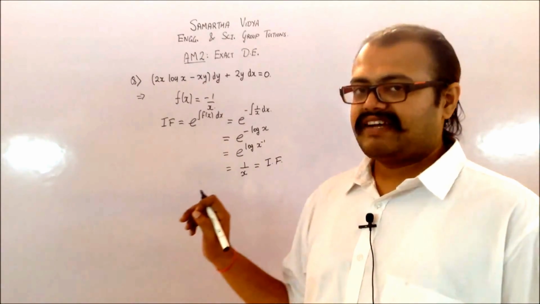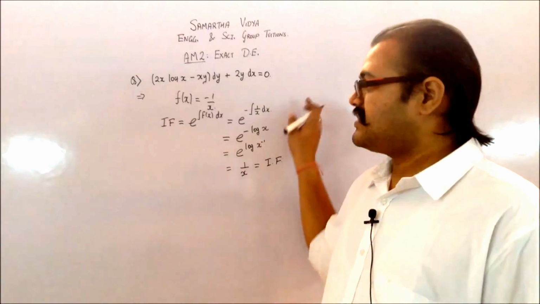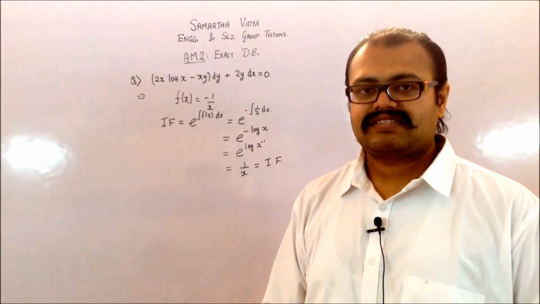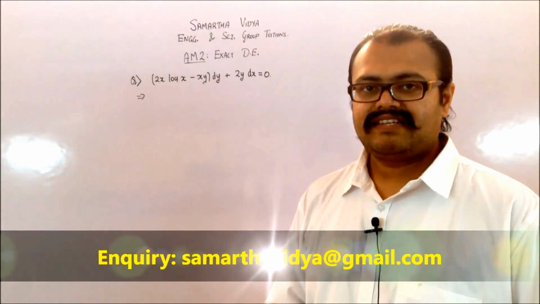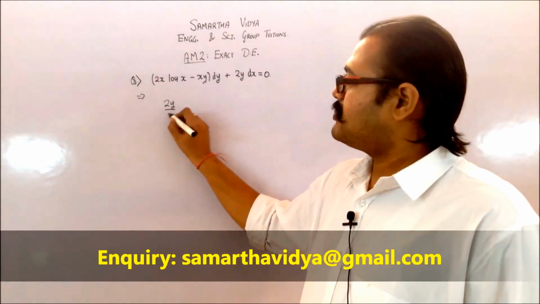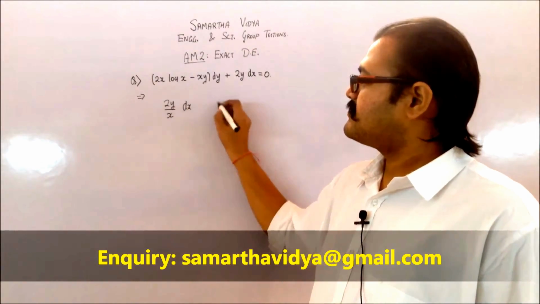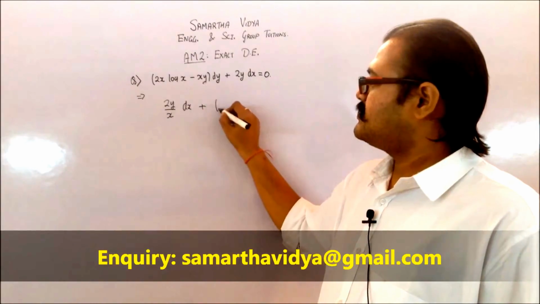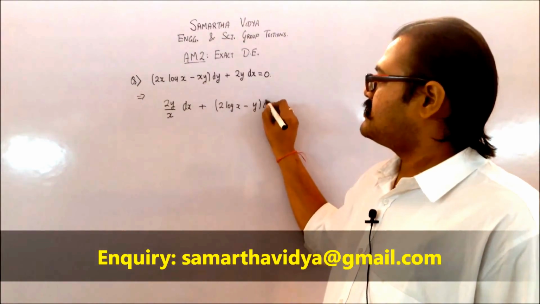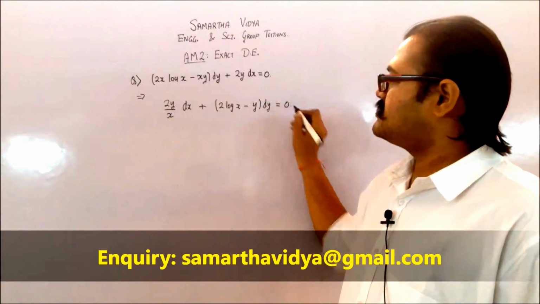This integrating factor has to be simply multiplied with the given equation to reduce it down to an exact differential equation. So once you multiply the given equation, you will be getting this as 2y upon x dx plus 2 log x minus y dy is equal to 0.